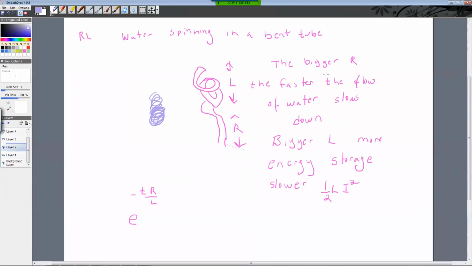So what happens is the bigger the R, the more that movement is slowed down, right? So now it is in the numerator, but energy storage will always be in the denominator. So the bigger the L, the more energy storage there is. All right.